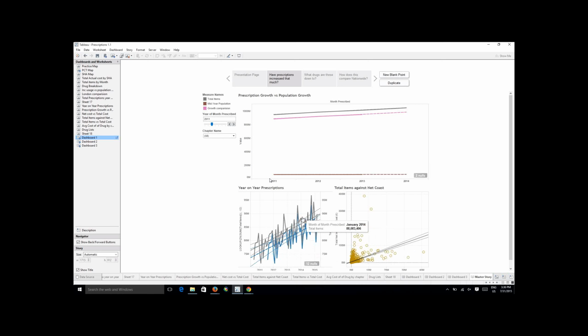And then using some filters, I'm a bit hesitant to use them at this stage in case it crashes anything, but I've got here my total prescriptions against net cost, being the main cost, particularly to the NHS. So you can see there is a correlation, obviously, between how many prescriptions there are and the net cost, but how this varies per drug area is certainly worth investigating.